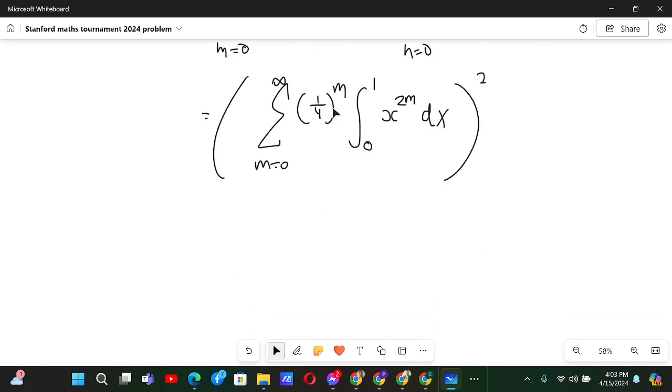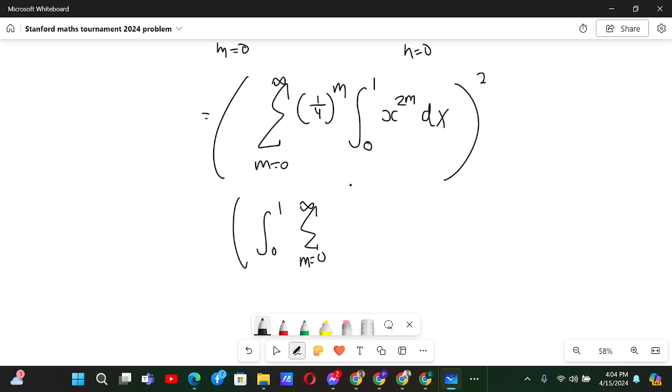If we now take this expression inside, with the sum and integral, we get the integral from 0 to 1, sum from m equals 0 to infinity, of x squared by 4 to the power m, dx, and then whole squared.